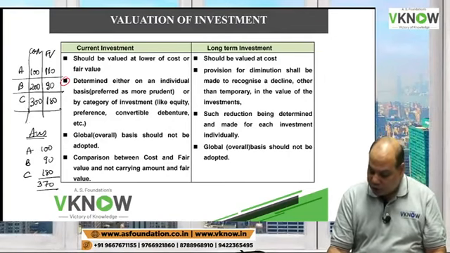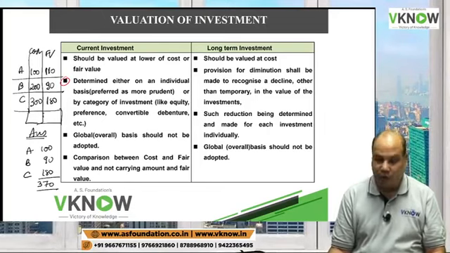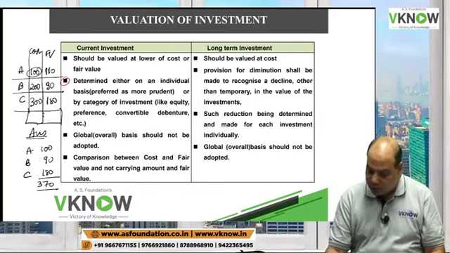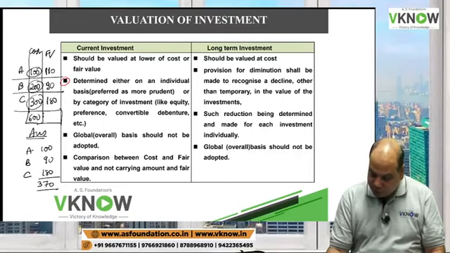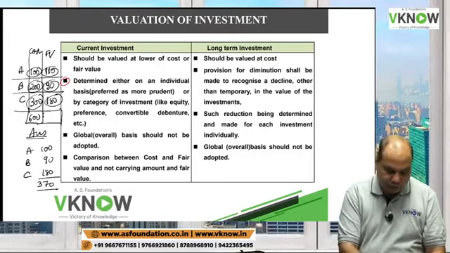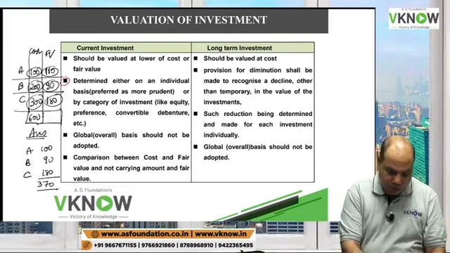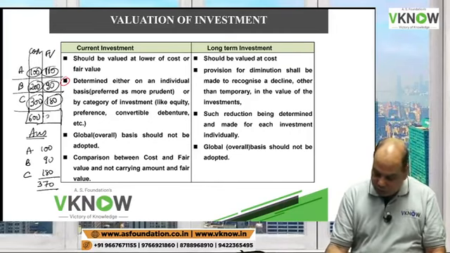If I take total and then compare, that may not give me the lowest answer. For example, if I take total of all three investment, 600, total fair value of all three investment, 110 plus 90 plus 180, 380.